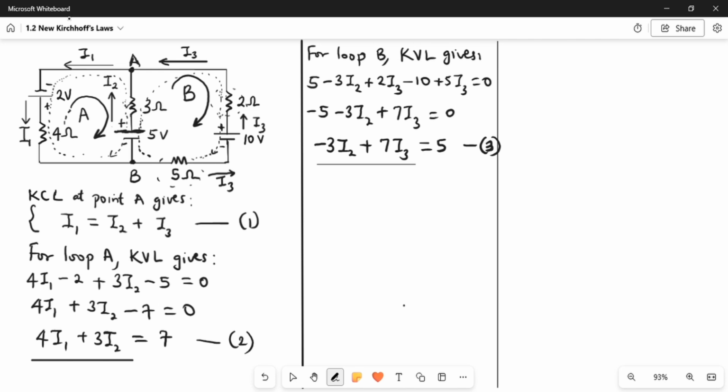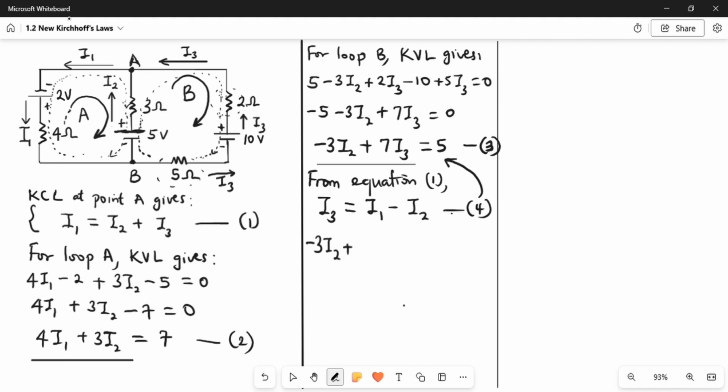So from equation 1, we have that I3 can be expressed as I1 minus I2. Let's call this one equation 4. We can substitute equation 4 into equation 3. That gives us -3I2 plus 7 into I1 minus I2 equal to 5.